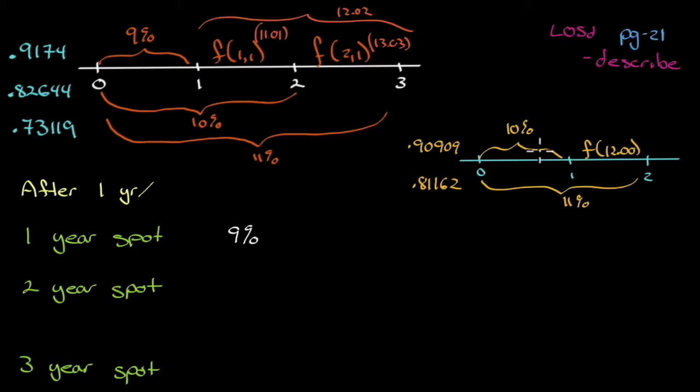And let's say instead of 11.01, the 1-year spot now is 10%. I want you to see something here. In this scenario, on day 0, the 1-year spot rate is 9%. 1 year later, the 1-year spot rate is 10%. So interest rates have gone up. The spot rate did go up.